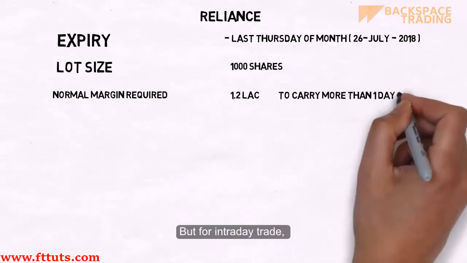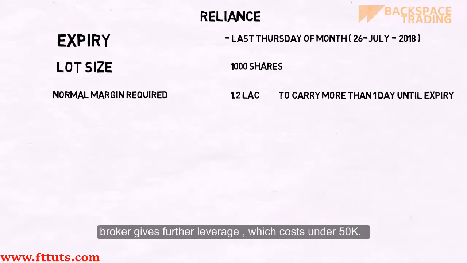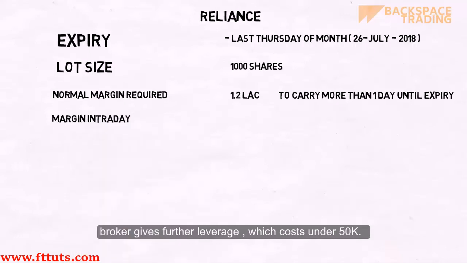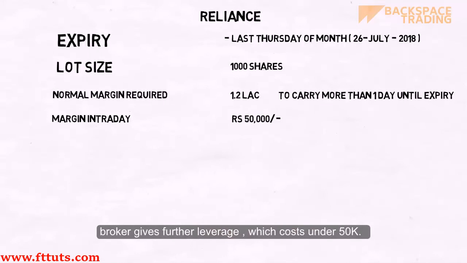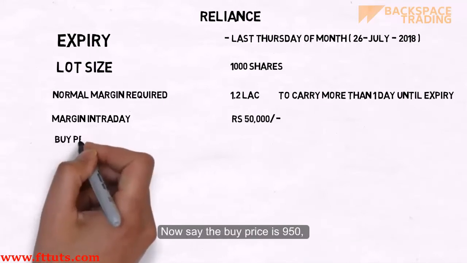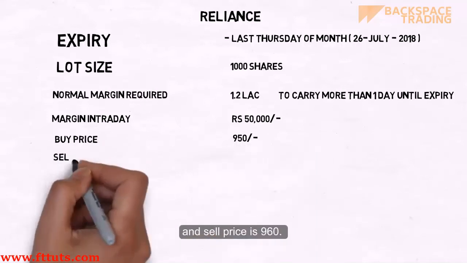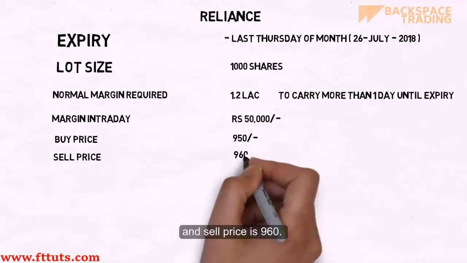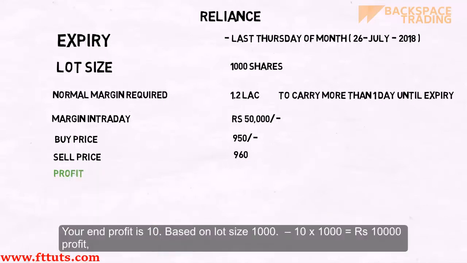Okay, and for an intraday trade, the broker gives further leverage, and the cost would come to somewhere like 50,000. Now say the buy price is 950 and the sell price is around 960. Your end profit is rupees 10.